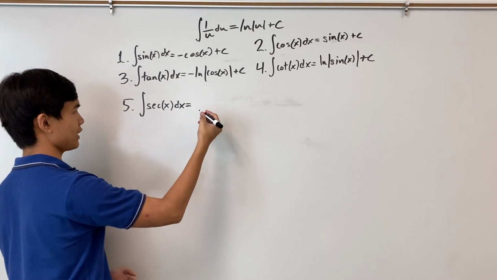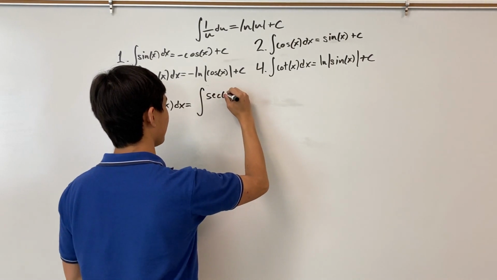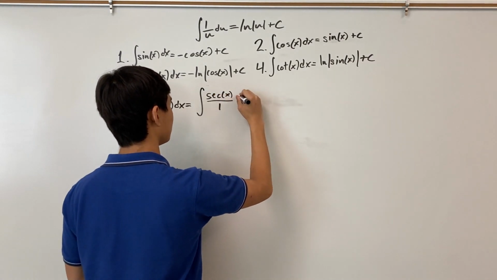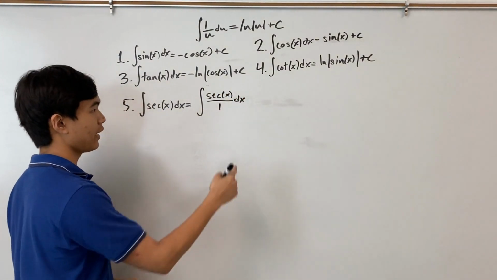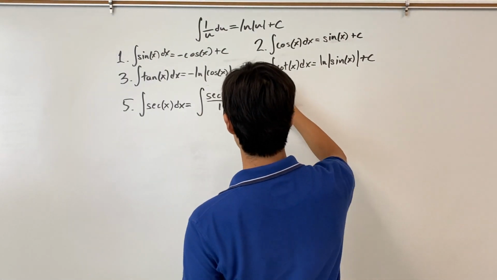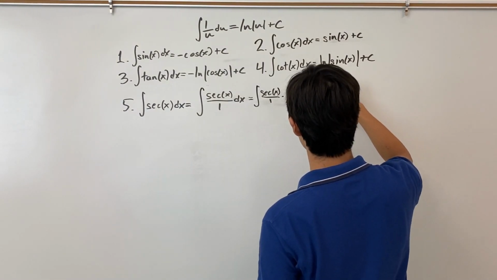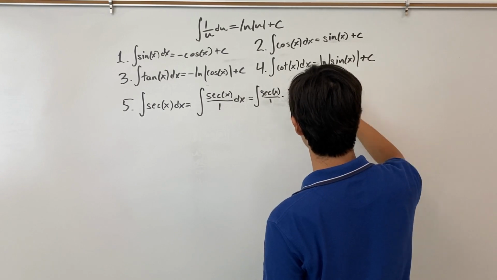So we can say this is the integral of secant x over 1 dx. And then we can multiply the numerator and denominator by secant x plus tangent x on the top and bottom.